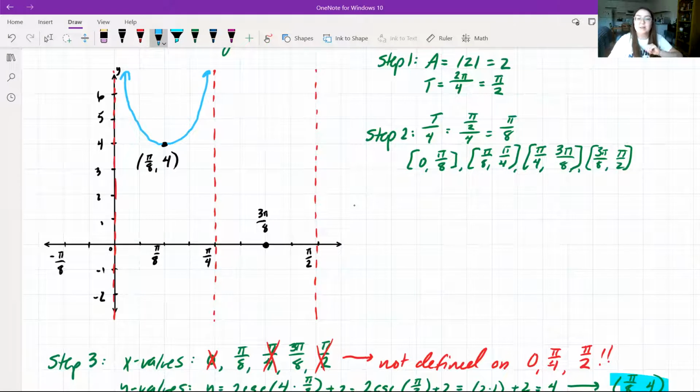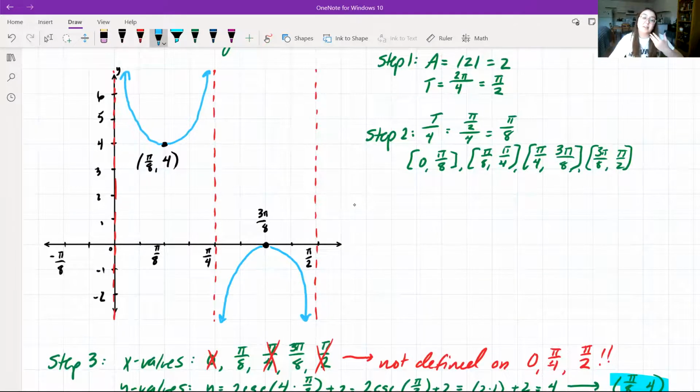We can also figure this out by saying that as x is approaching pi over 4, but still slightly greater than pi over 4, this means that we will end up having values of 1 divided by a negative very small number. And so that would end up giving us a negative infinity for our function. Same goes for pi over 2. So that would be the other way that we figured out if it was going to be a downward facing parabola or not. But so we can go ahead and draw this in. Here, a downward facing parabola.